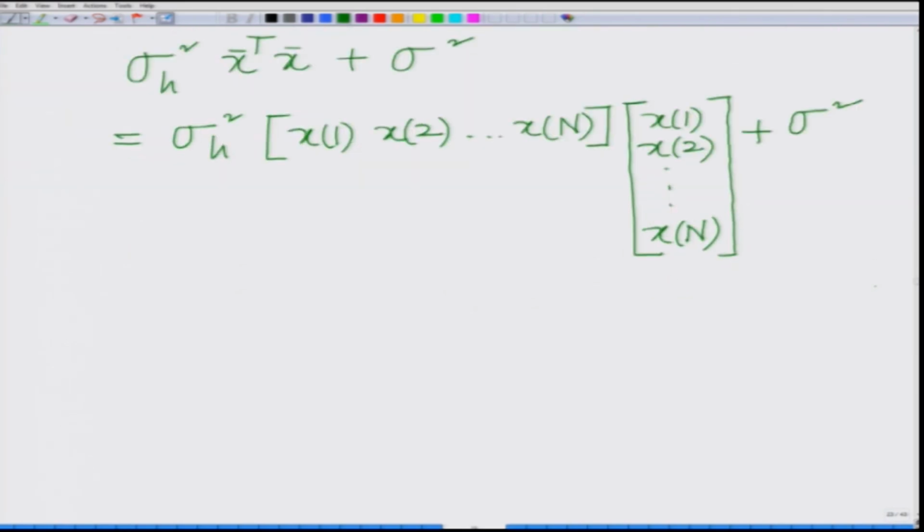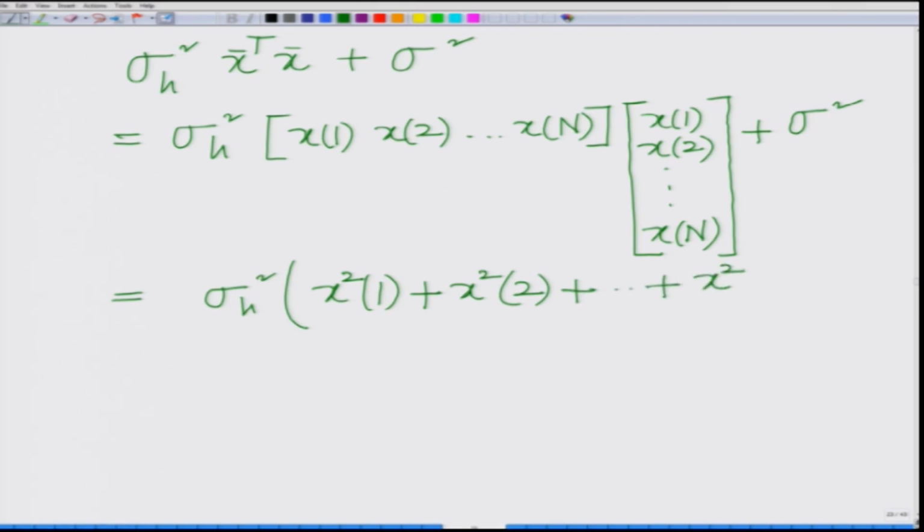And now, if you look at this, this is basically equal to your sigma h square times x square 1 plus x square 2 plus so on up to x square n plus sigma square.